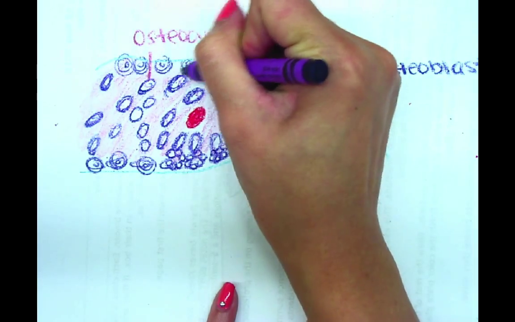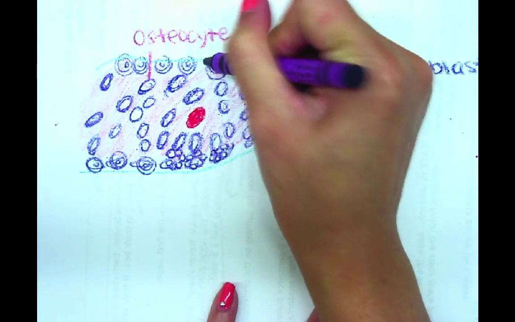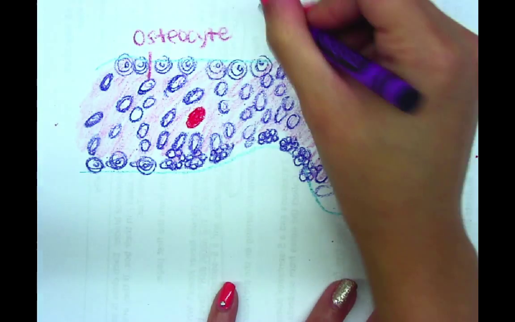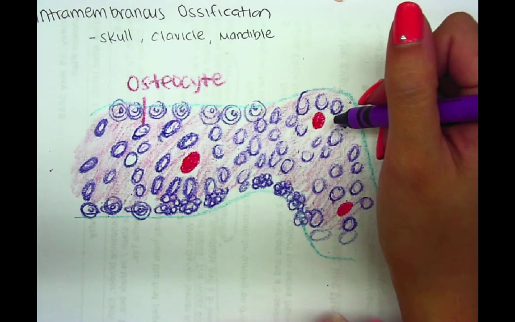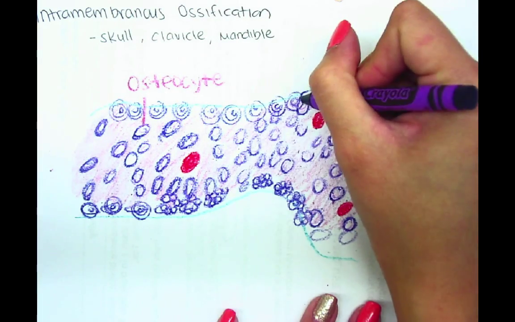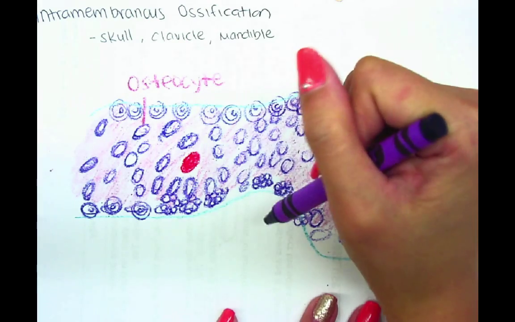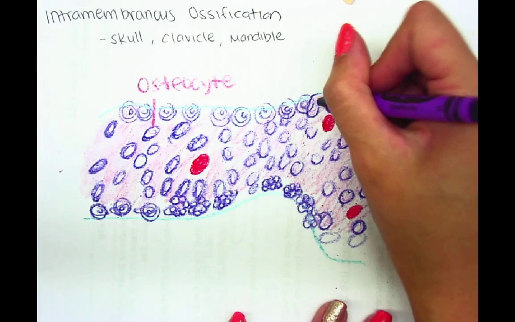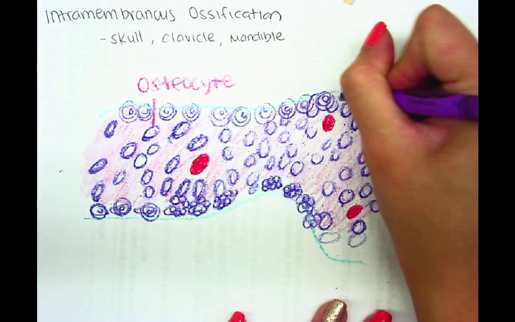And that's how you can classify flat bones that have been made via intramembranous ossification. If you have a layer of compact bone, a layer of spongy bone, and then a layer of compact bone, that's typical of intramembranous bones.